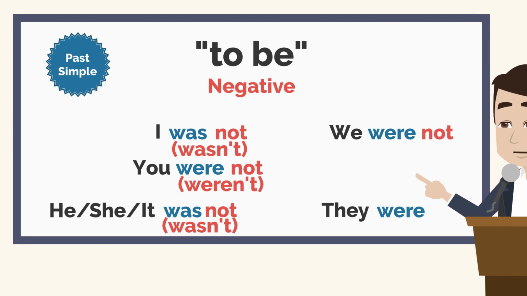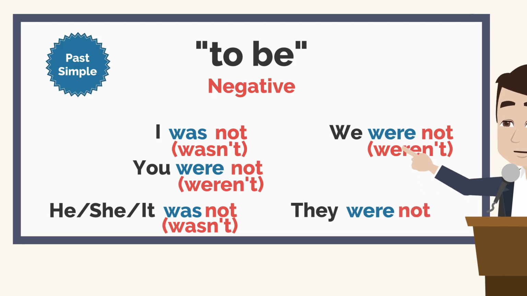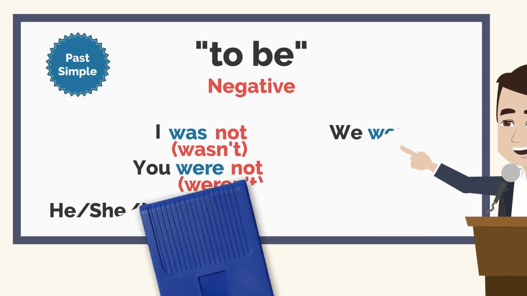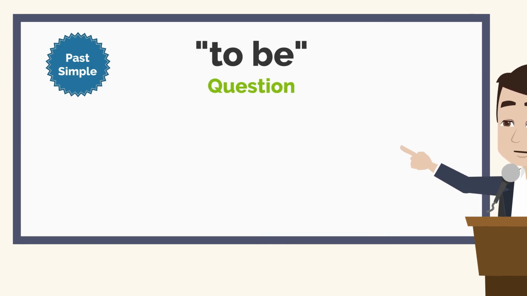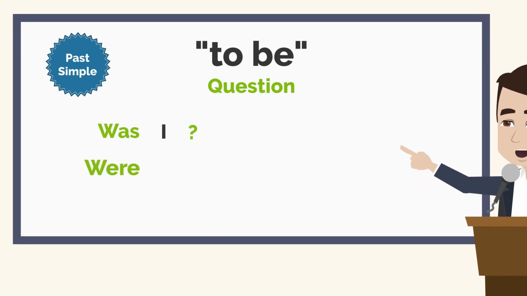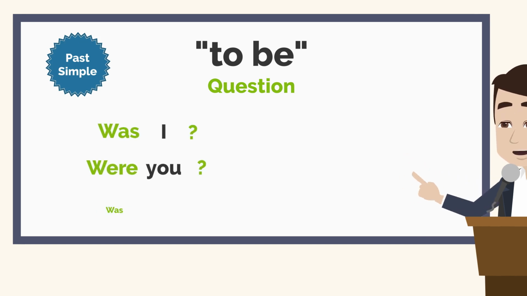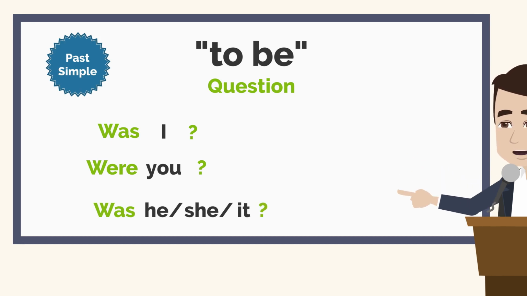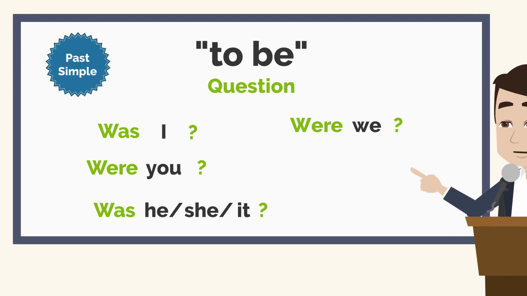We were not or weren't. They were not or weren't. The question form is, was I? Were you? Was he, she, it? Were we? Were they?